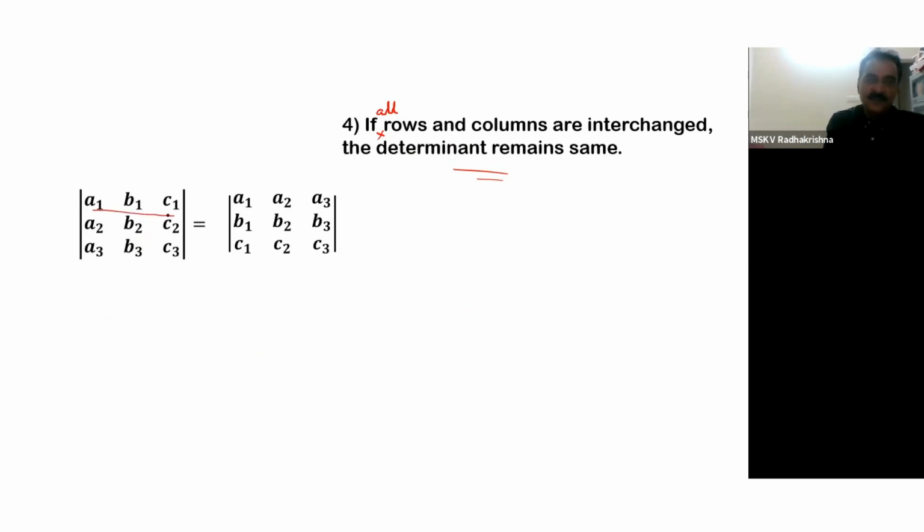See, A1, B1, C1 are in the first row. They will become elements of the first column. First row has become first column. Second row has become second column. Third row has become third column. Then the value of the determinant remains same. Understood? This is one property of a determinant.